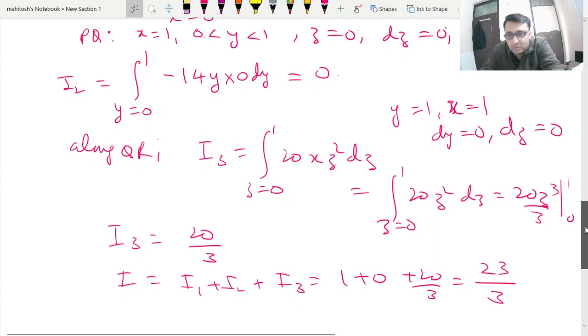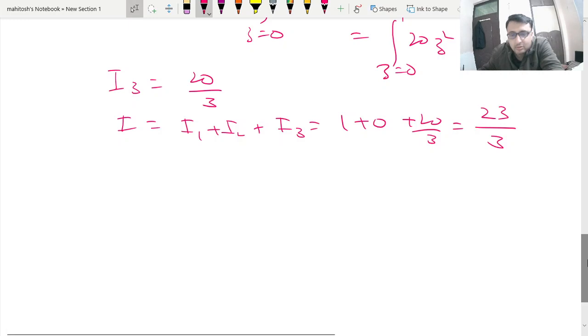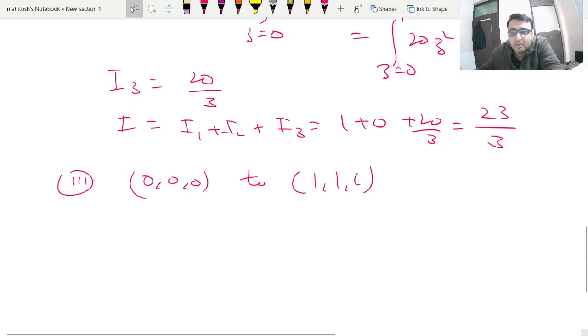Now we come to the last part, that is along 0, 0 to 1, 1, 1. So these are the lines.